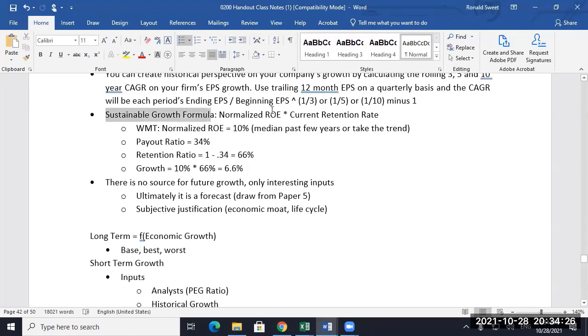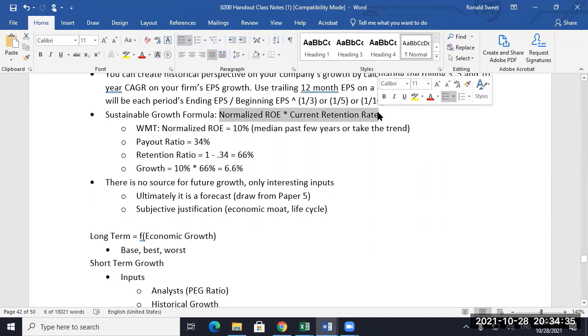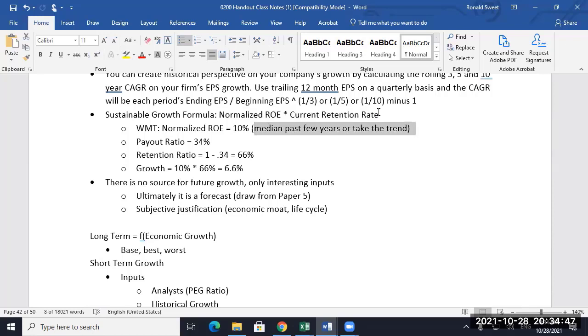You have the sustainable growth formula, which is normalized ROE times retention. I added the word normalized. You could certainly use that formula. You do need to normalize it because ROEs jump around. How do you normalize it? You could just take the median of the last few years. If you're doing Carnival Cruise Line or Delta Airlines, last year just messes them completely up.